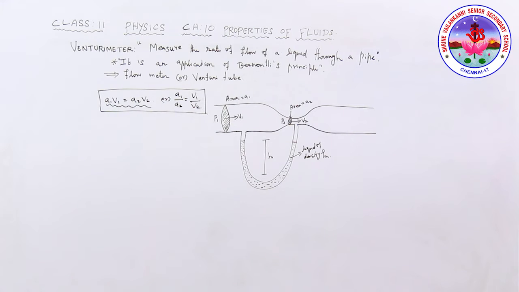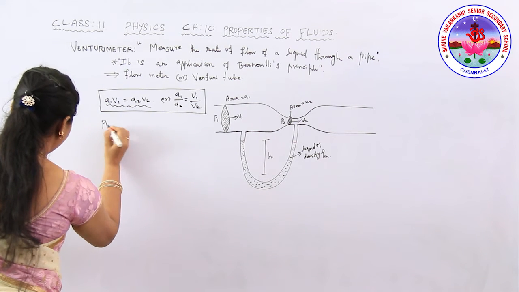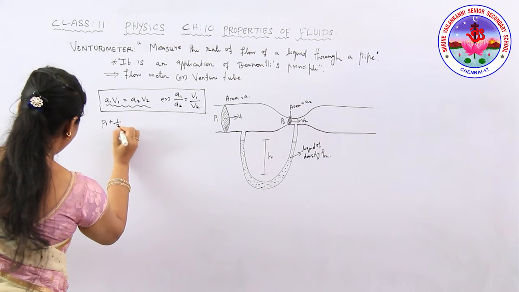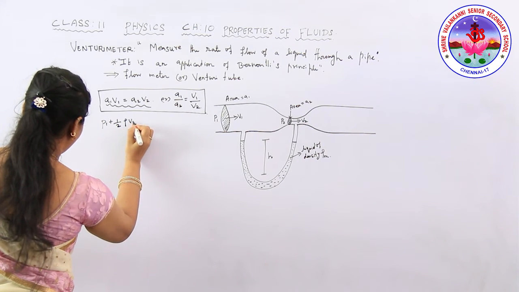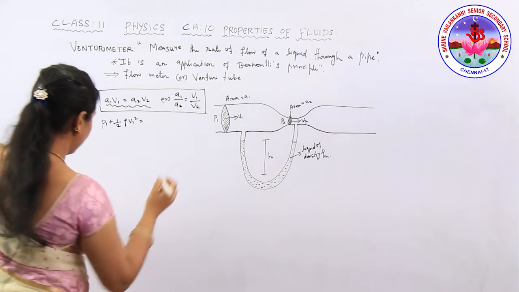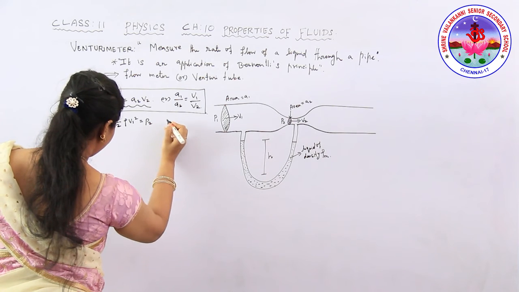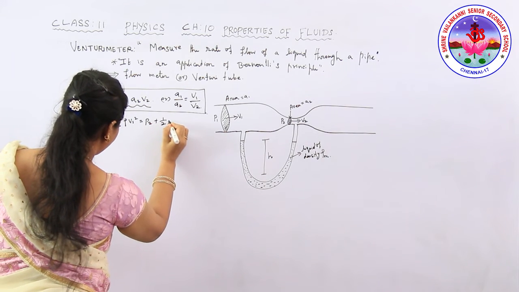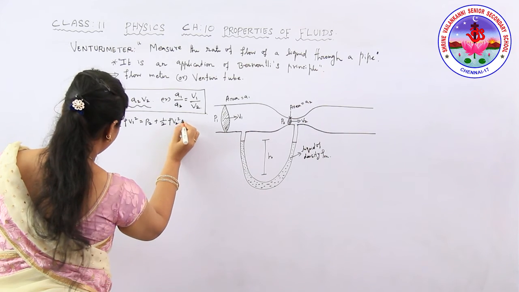Now, if the liquid has density rho and is flowing horizontally, we can take from Bernoulli's equation: P1 plus half rho V1 square equals P2 plus half rho V2 square.